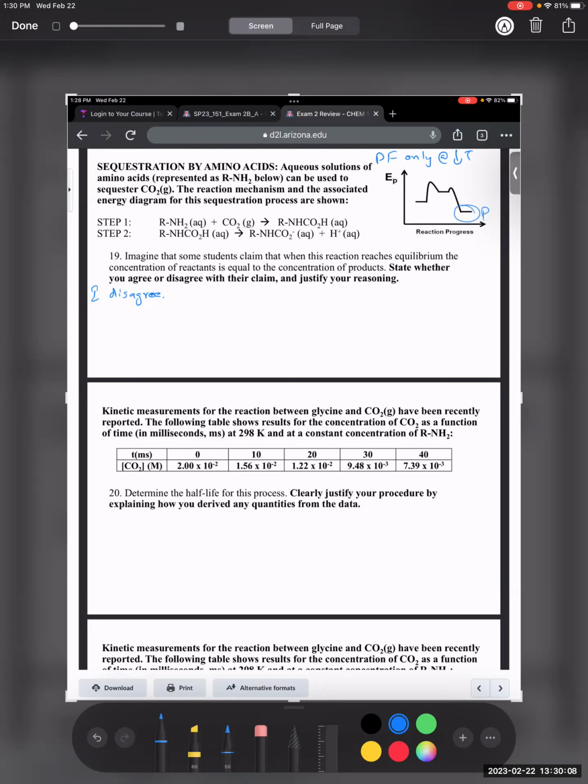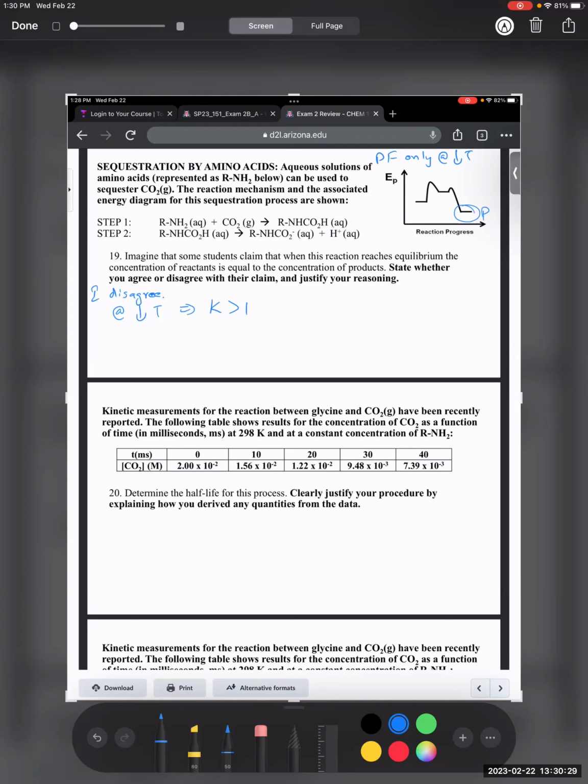Okay, now what this means is at low temperatures, the K is going to be greater than 1.